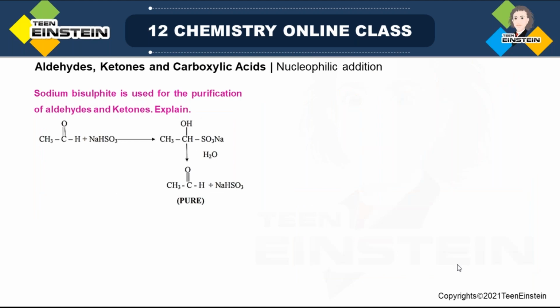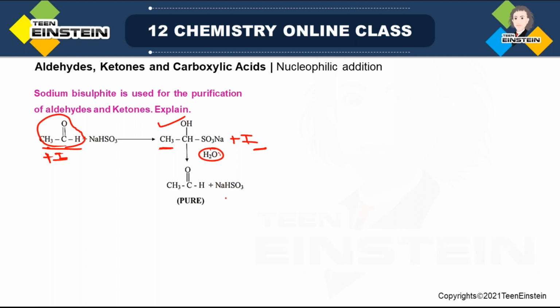One question regarding this we can explain. Sodium bisulfite, NaHSO3, is used for purification purposes. How can you explain it? Suppose you have acetaldehyde plus impurity. The impurity is not reacting with NaHSO3, only the acetaldehyde is reacting. This is the addition product plus impurity, but when you treat it with water, only the addition product will be soluble, and the impurity will remain as solid.